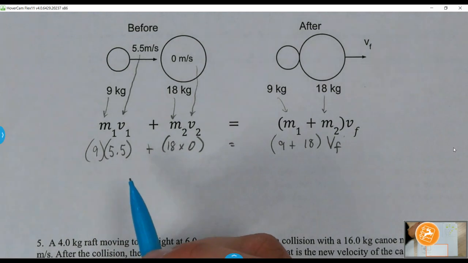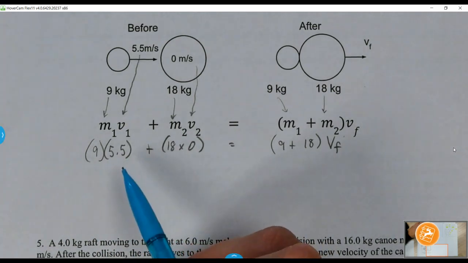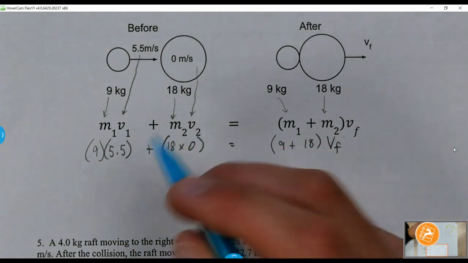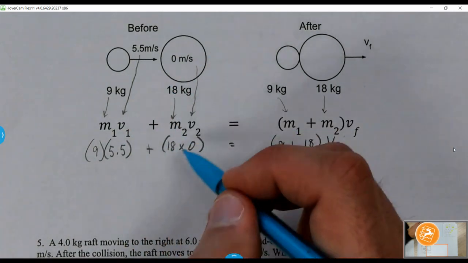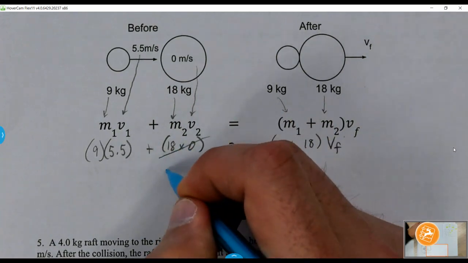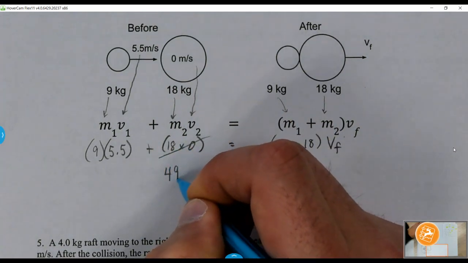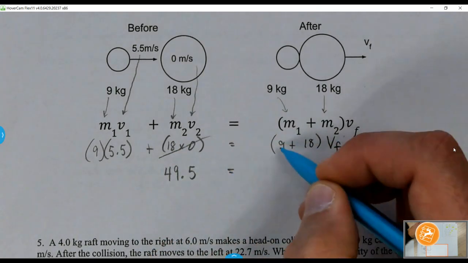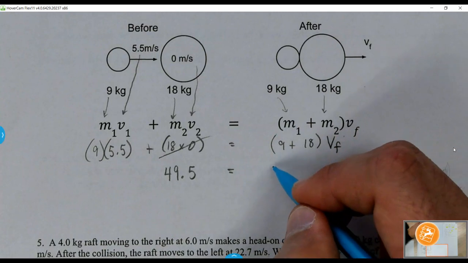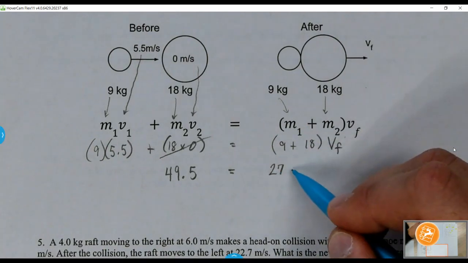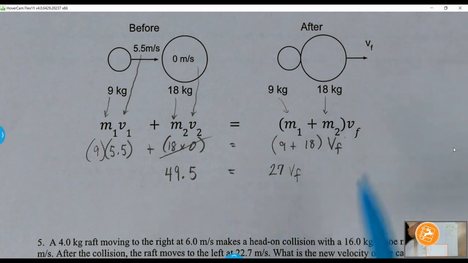And now we do the math. So 9 times 5.5 comes out to be 49.5. Anything times 0 is 0, so this goes goodbye. On the left side, we're left with just that 49.5 equals 9 plus 18 is 27 VF.